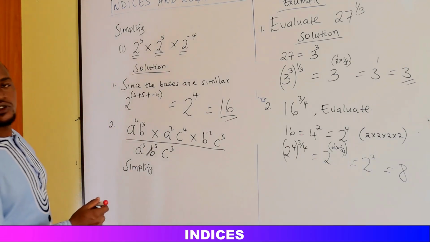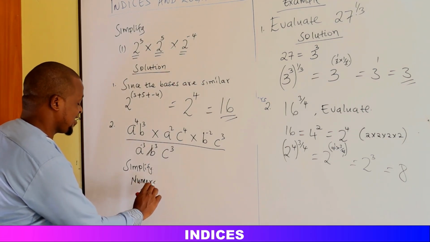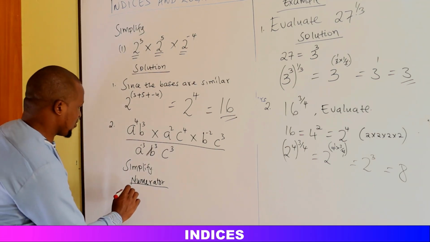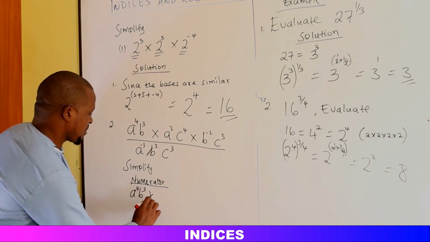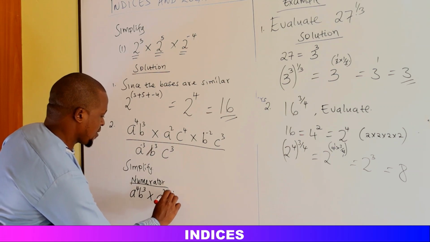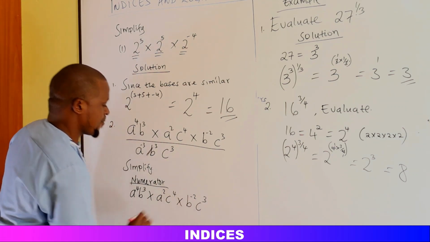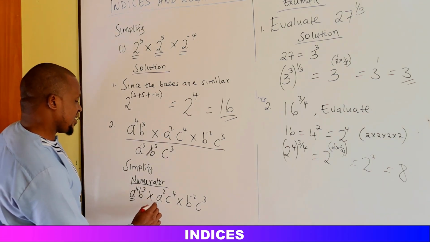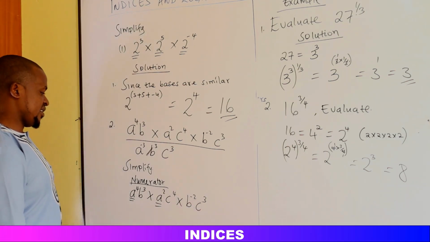So we are going to work out the numerator part. We're going to bring the like terms together. So we have a raised to power 4, a raised to power 2, the other one has no a.